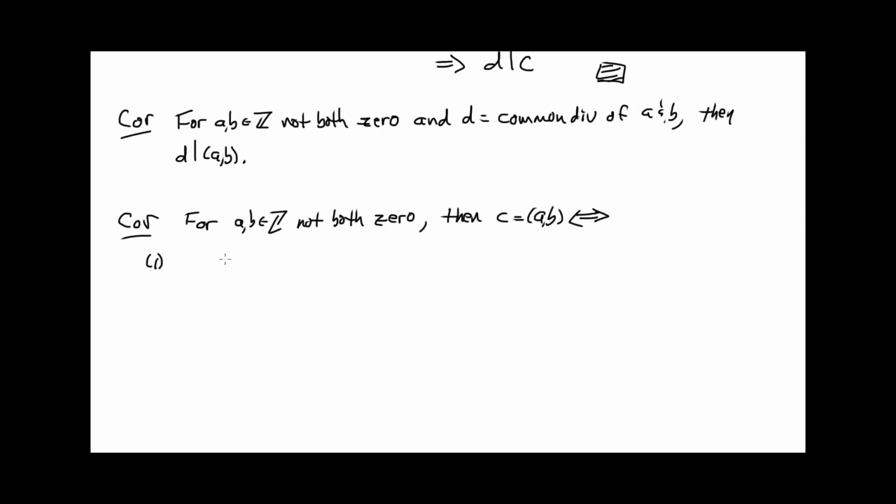The first is simply that it's a common divisor. You can't get around that. And the second is the replacement for largest common divisor, and it's this division property from the above corollary. If D is a common divisor, meaning it just divides A and B, then it divides C. All right, so that's it.